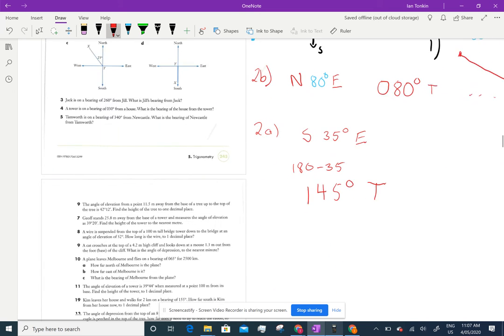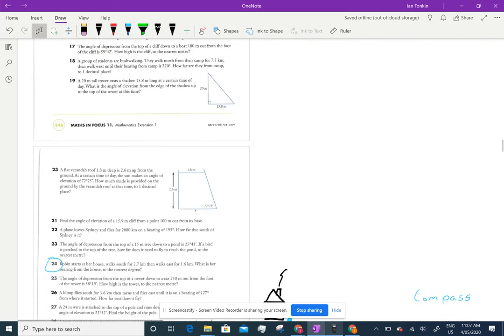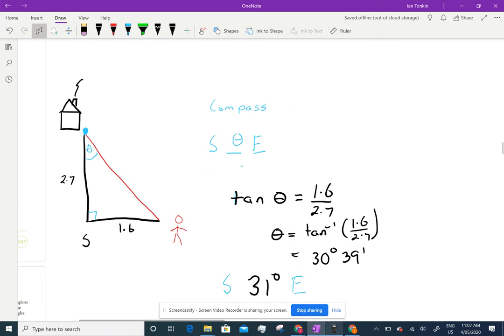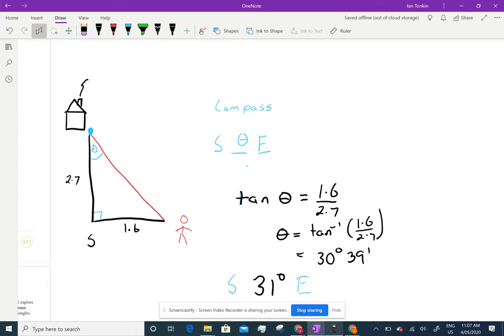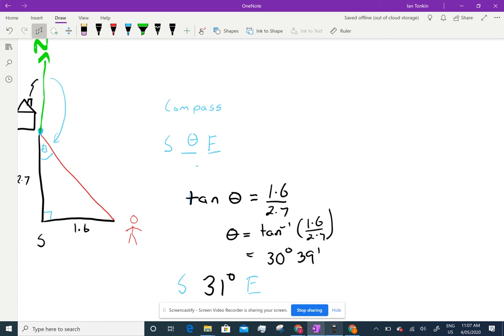Let's go and do a question that involves a bearing question. I will do 24. Well, I'll do it now because it's quite easy. Remember, we had to find the bearing of Robin from the house. Now, to do that, I need a north. So there's my north, and the true bearing is this angle here. Now, we used tan to find the angle in there, and we got theta equals 30.